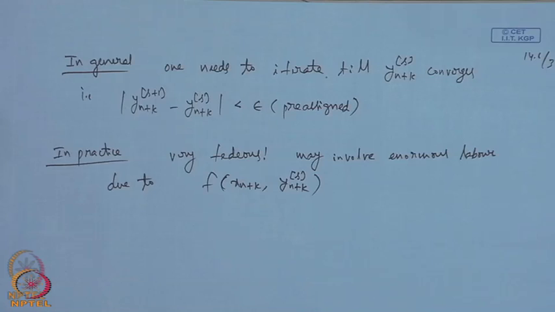Your method demands that you have to time and again compute the function f with some initial guess, put it back, and then you get some improvement, and then again you compute f and then you compute y. But if your initial choice is not good enough, then you will be forced to spend a lot of labor on it. So, definitely it depends on the initial choice, that means one should not go blindly with some initial guess.